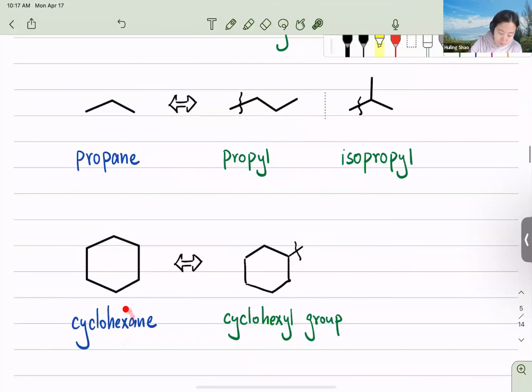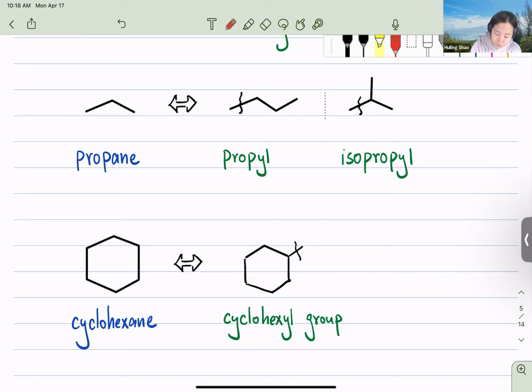Alternatively, when you have a cyclic structure, you can also have cyclohexane. Here, cyclo means it is a ring. Hexane means if you count, 1, 2, 3, 4, 5, 6, we have a total of 6 carbons. So hex stands for 6. The functional group of cyclohexane is called a cyclohexyl group.